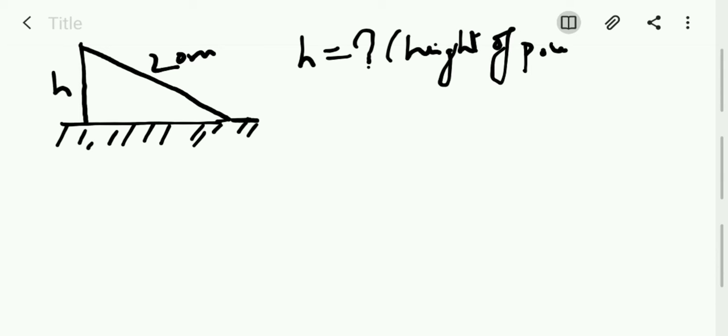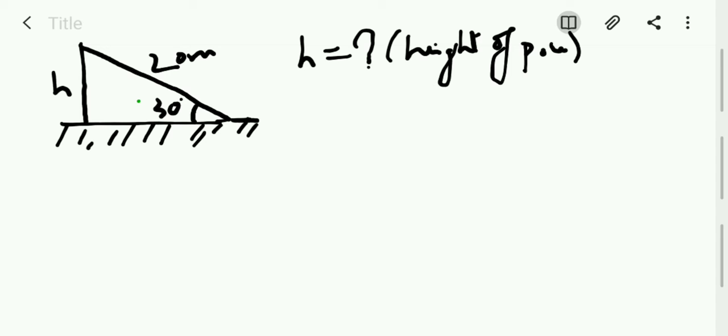Now, what is the height of the pole? That is what we need to find out. If the angle made by the rope with the ground level is 30 degrees, and the rope length is 20 meters, what is the height formed? We have seen in previous sessions of trigonometry what you need to apply.